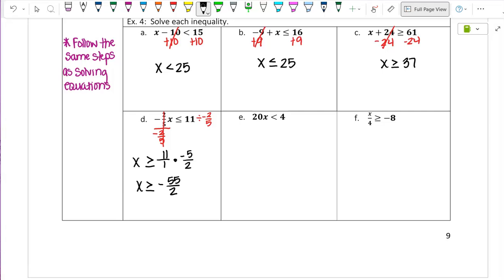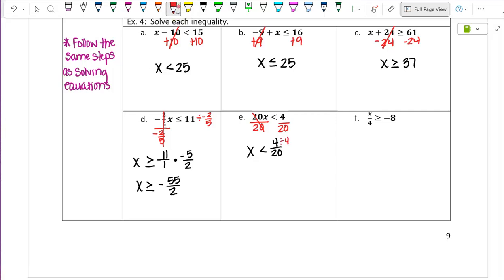All right, number 20. Ethan, what do I need to do to both sides? Yeah, we're multiplying 20 times x, so we're dividing. So x is less than 4 divided by 20, which can be reduced.